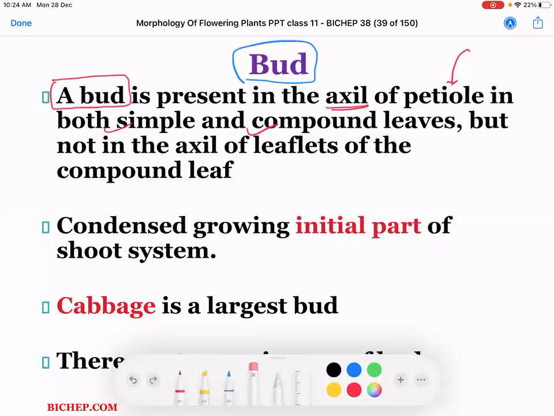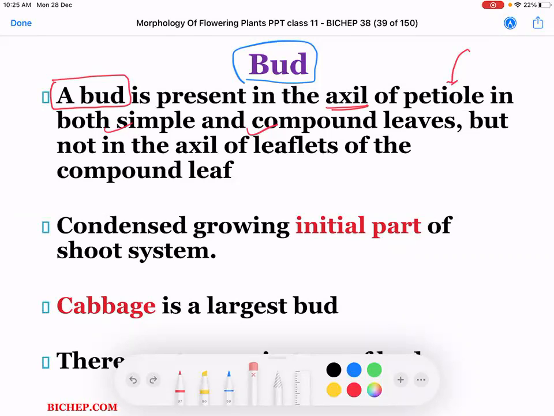As I told you earlier, the bud is responsible for creation of a specific branch or a leaf. So the leaf has a main axis, the petiole, and the petiole is placed exactly where the bud is.